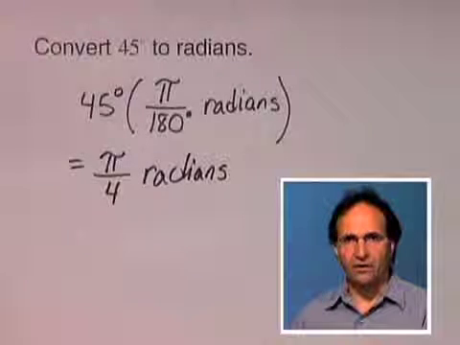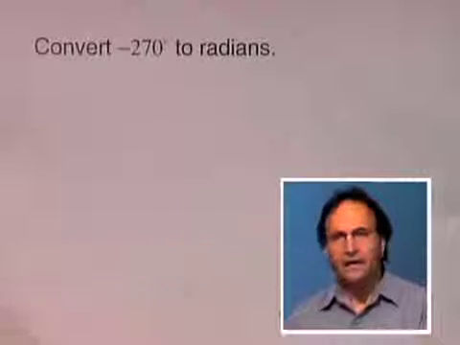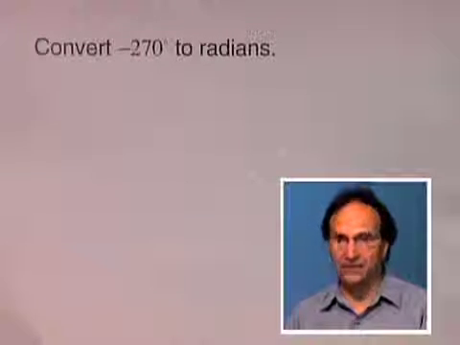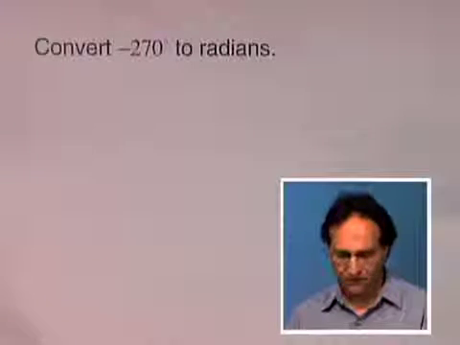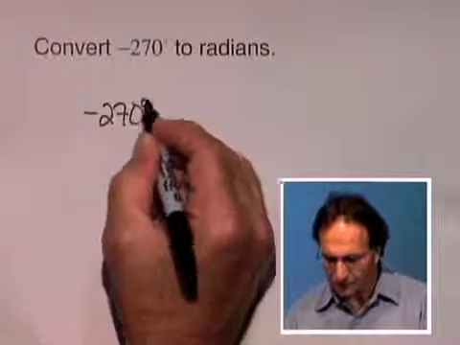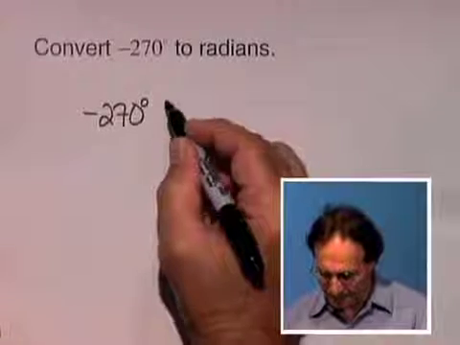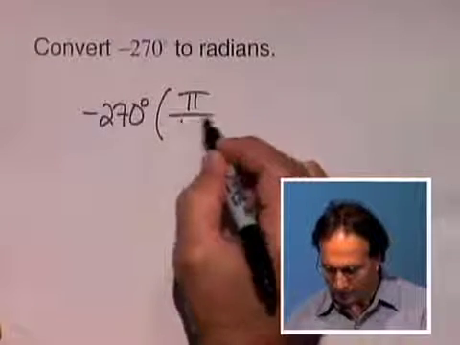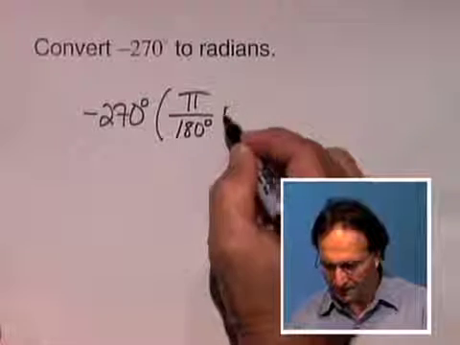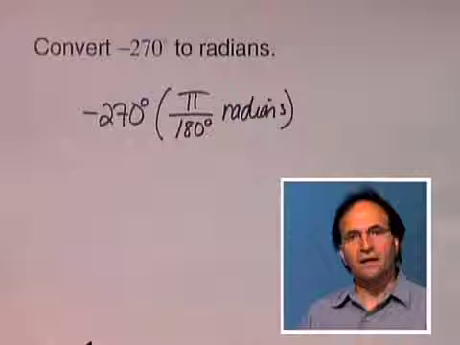Let's work another conversion. Convert negative 270 degrees to radians. So we will multiply negative 270 degrees times pi over 180 degrees radians.